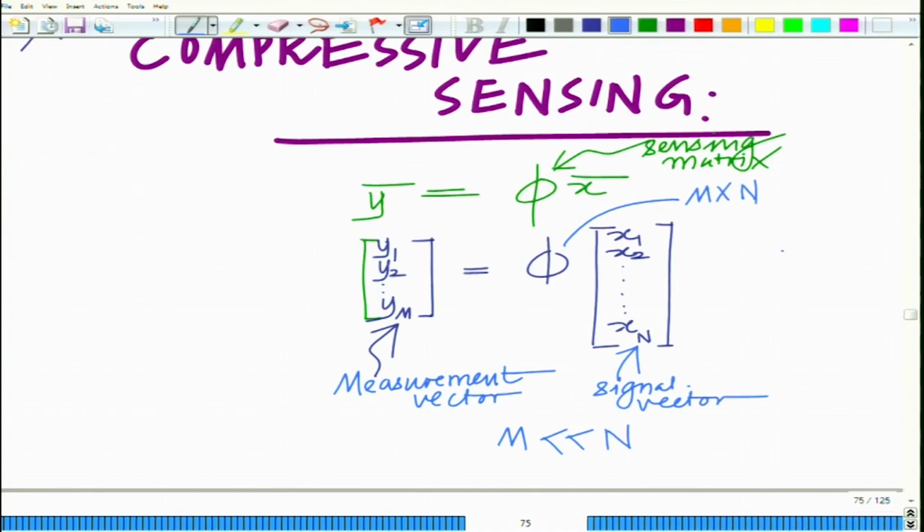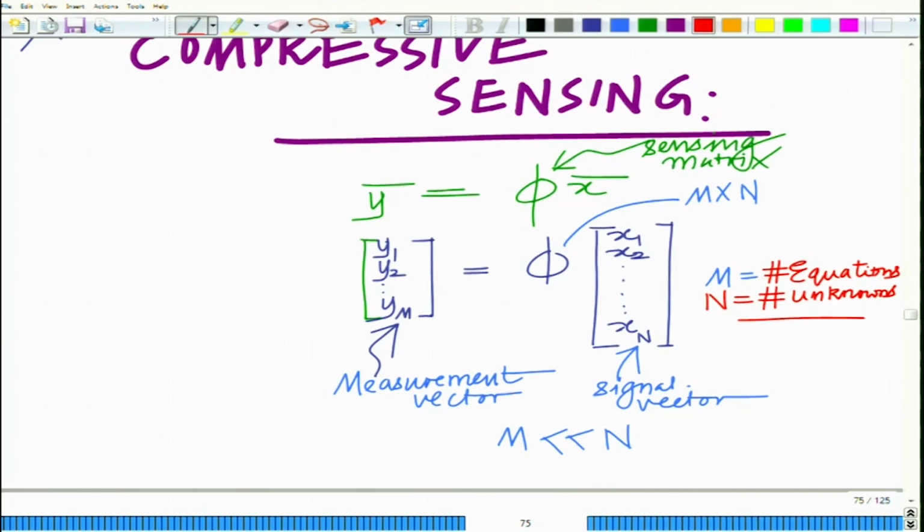Now, if you view this as a system of equations, then m is the number of equations and n equals the number of unknowns. So, our number of equations is significantly lower than the number of unknowns.